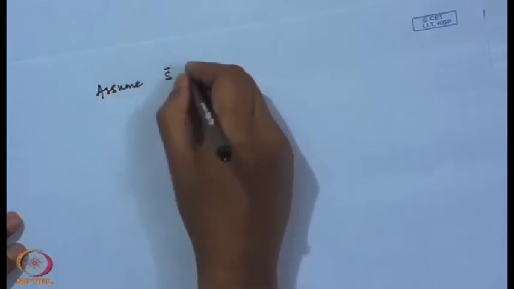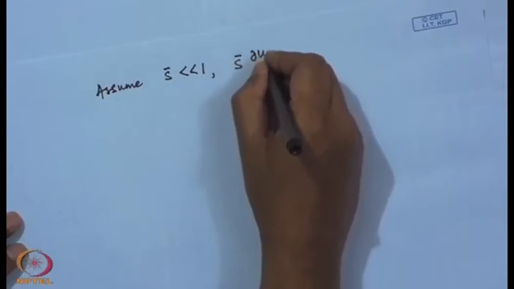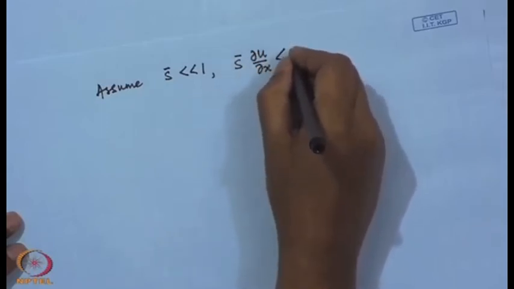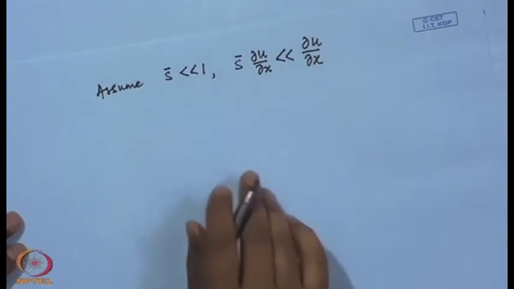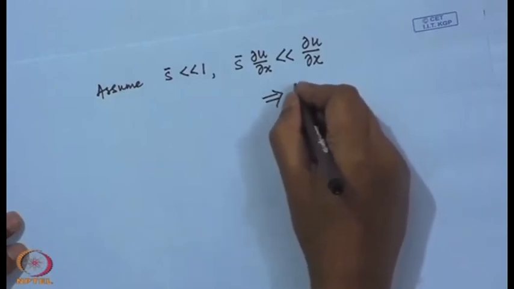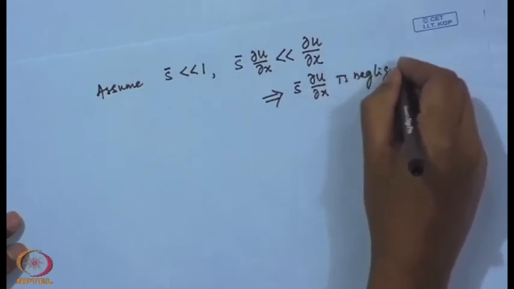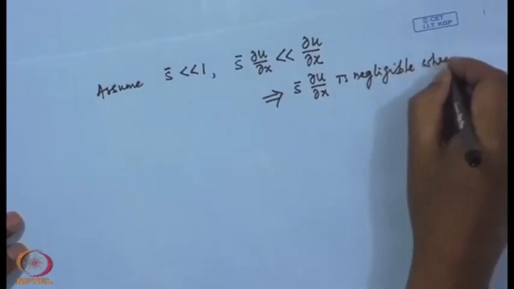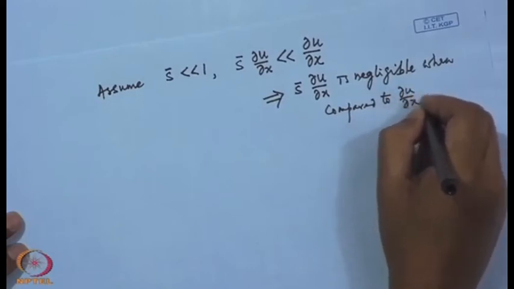That is, we now assume that the disturbances are small, that is, we will assume S bar du dx is much smaller than du dx, that is negligible when compared to du dx.